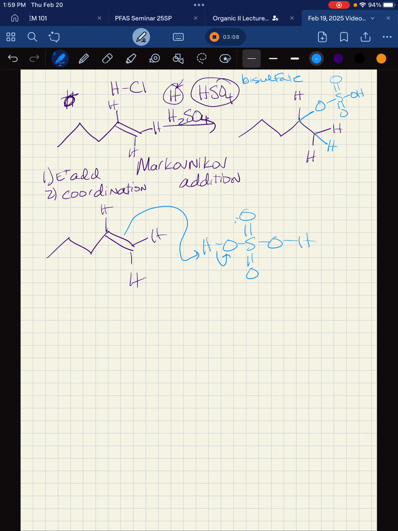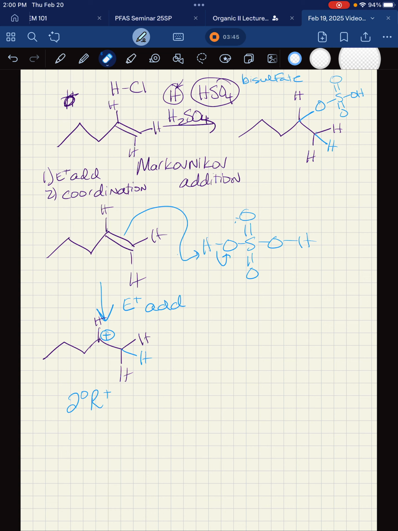These electrons go there. And we want to put the proton on the less substituted side, which is going to put our positive charge here on the more substituted carbon. That's going to give us a secondary carbocation that would be more stable than a primary carbocation, which is what we would get if we added to the other side.